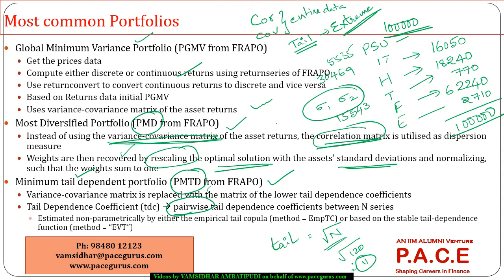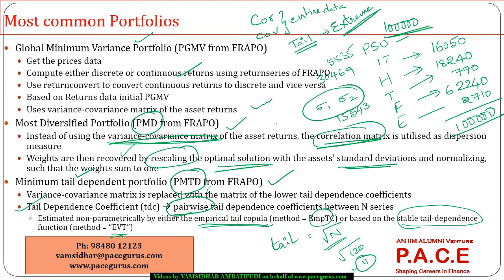And that is how the tail dependence coefficient comes into the picture. Only the worst few values are looked at. And within that, the coefficients can be estimated in two ways. One, they can be measured through the empirical tail copula, where I would give a method called EMPTC. Or it could be based on the stable tail dependence function, where I give the method as EVT.